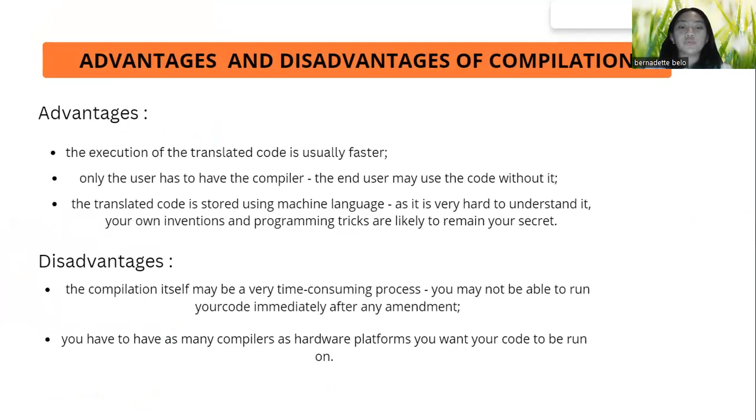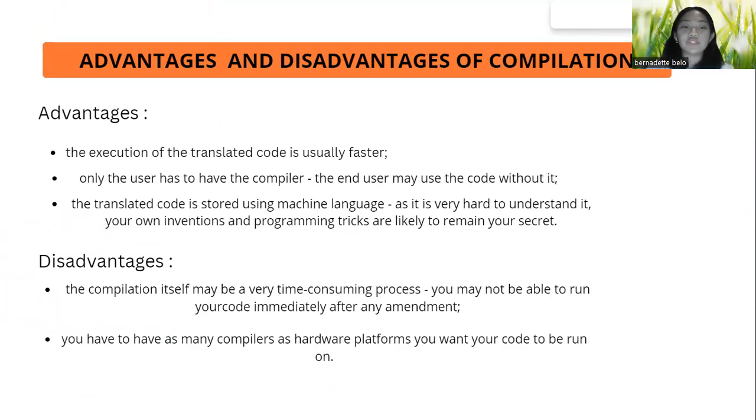Now we will go to the advantages and disadvantages of these two. The advantage of compilation is that the execution of the translated code is usually faster, and only the developer has to have the compiler. The translated code is stored in machine language, which is very hard to understand.